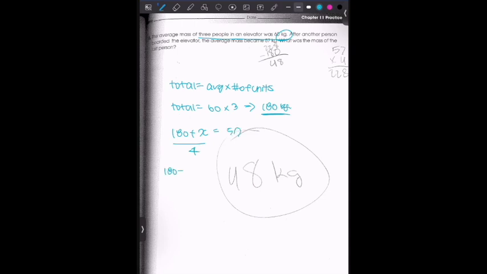So 180 plus X is going to be 57 times 4, which is 228. And so X is going to be 228 minus 180. And so that is going to be 48. And so we know that the last person who boarded the elevator must have been 48 kilograms.